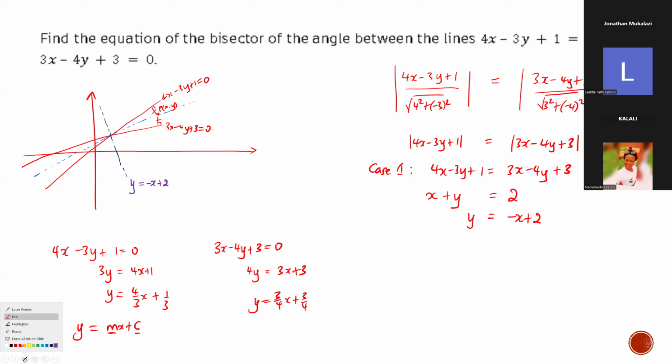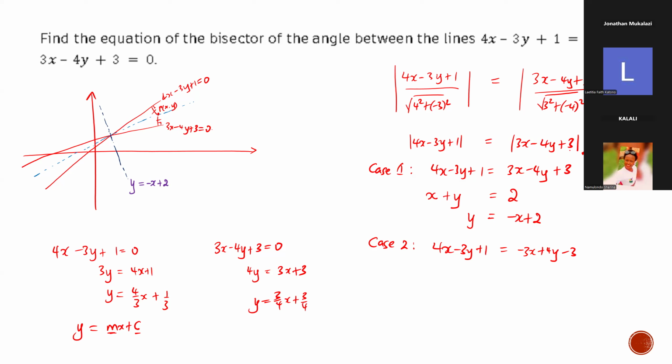However, we want to have the equation of both. So we consider the second case, case 2, and that would be when 4x minus 3y plus 1 is equal to the negative of this. So that's going to be minus 3x plus 4y minus 3. We can always keep the left-hand side positive and then vary the sign of the right-hand side, so the right-hand side is positive in one case and negative in the other.